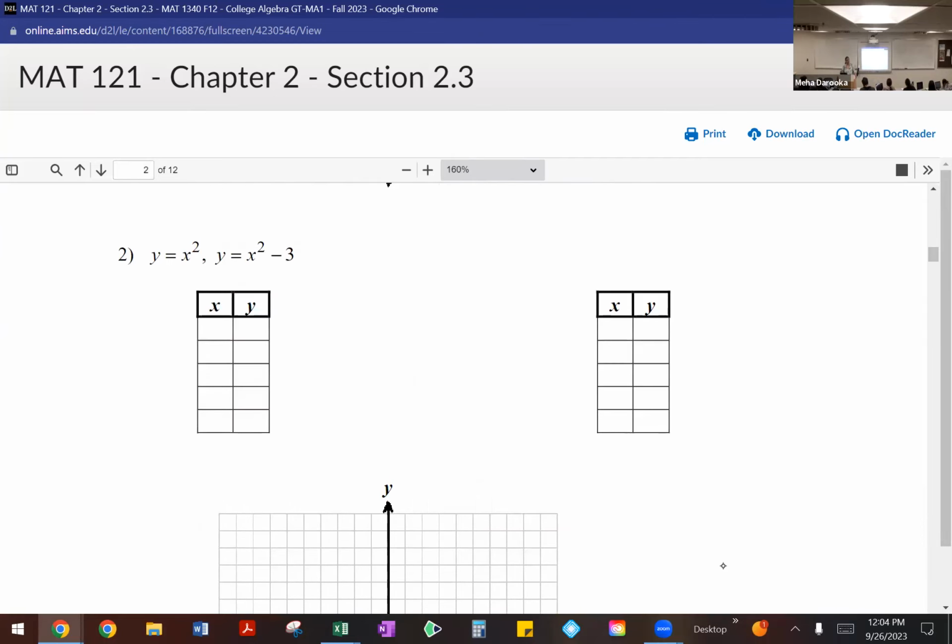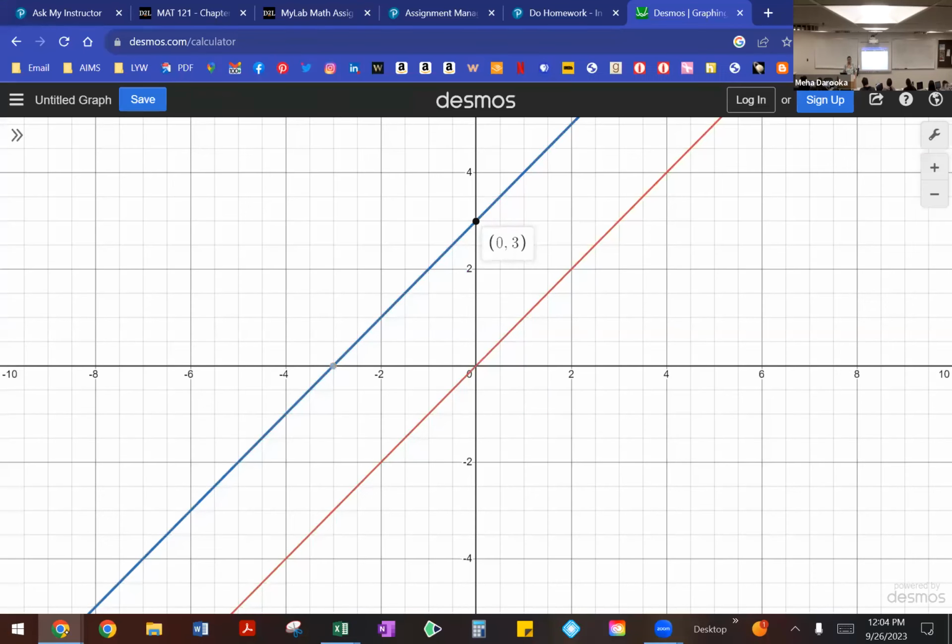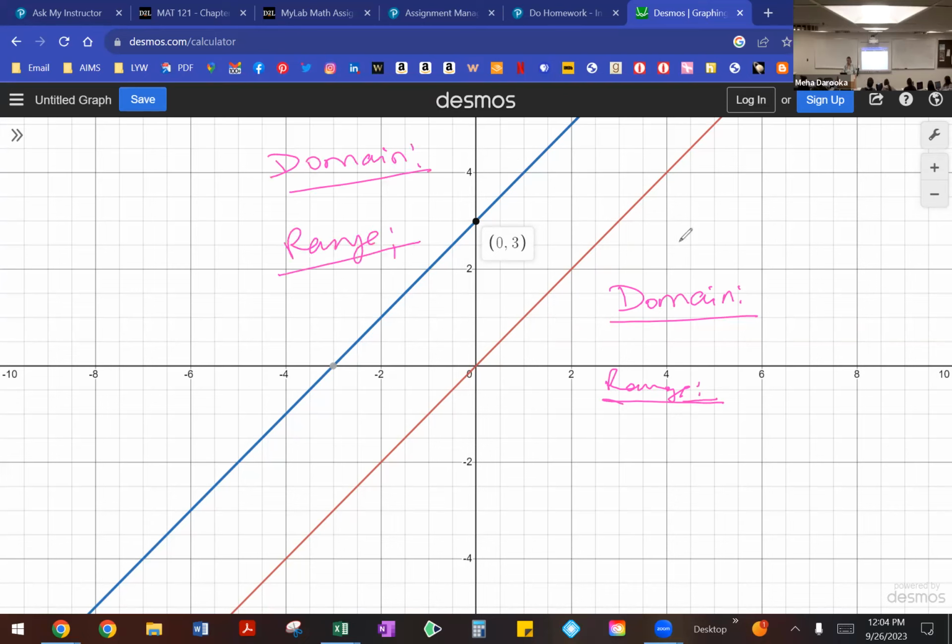All right, so that was with your linear function. Let's see what happens if we did it with a square function. But before I get into the square function, can you tell me the domain and range for both of these? So this was the f of x equals x function here.